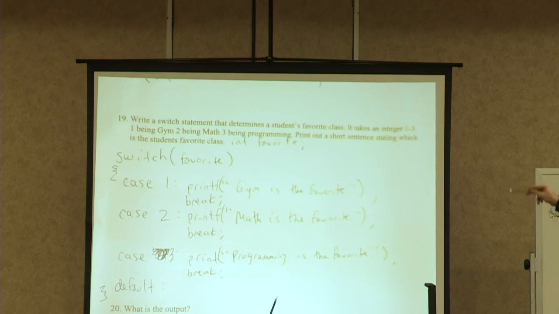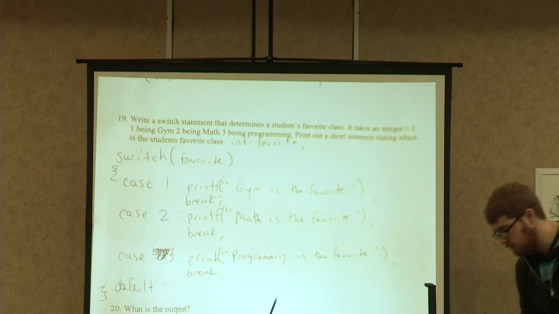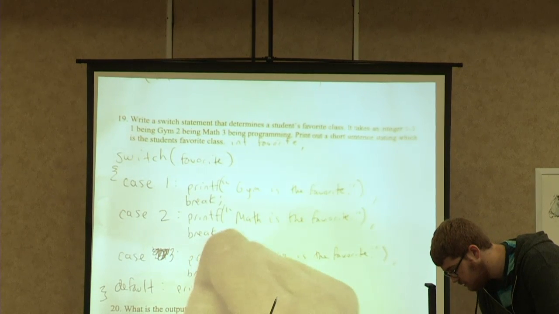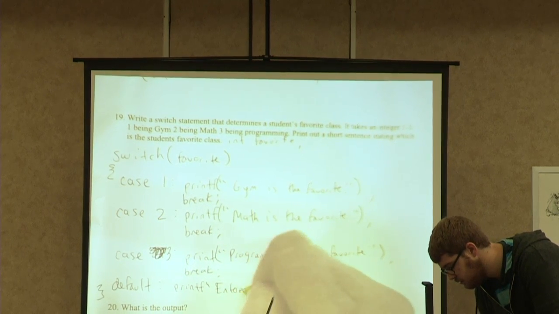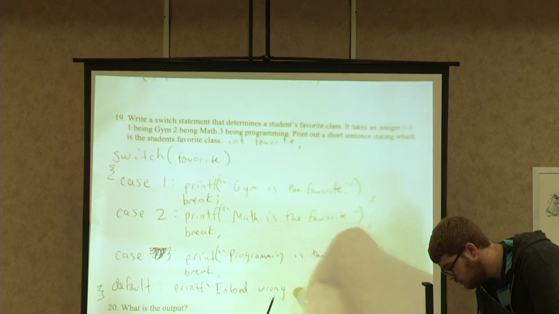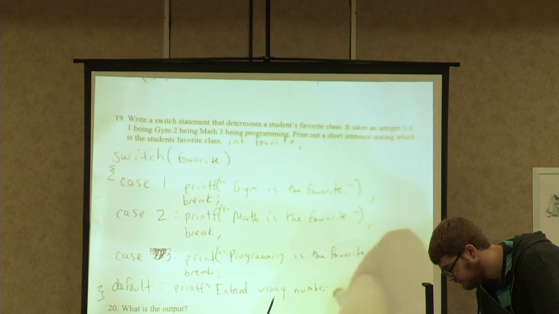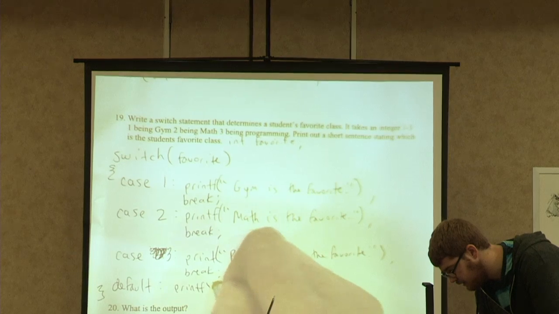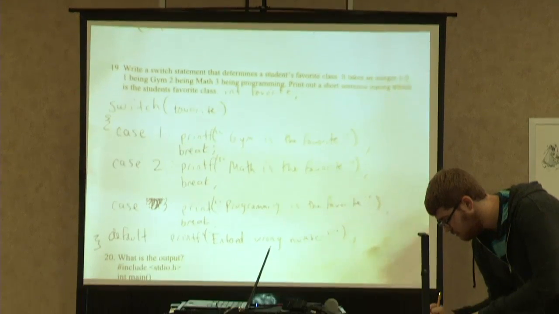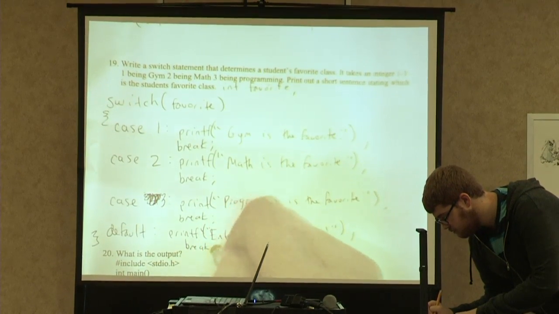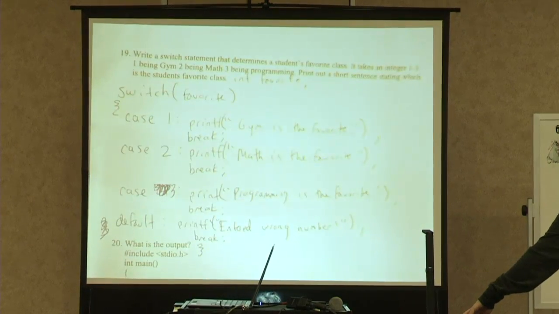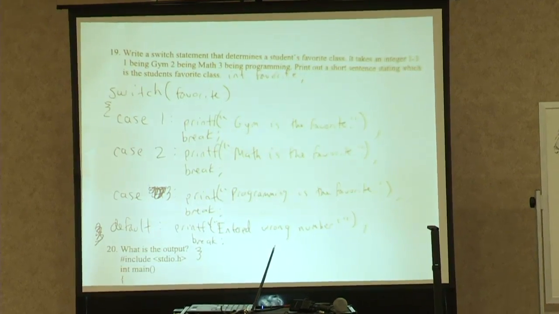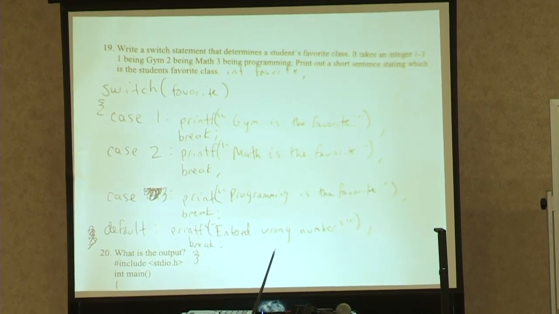If you have a default, it'll hit that default, and then you can put a printf that says, hey, entered the wrong number. Oh, okay, so do we always need a default? You do not, but it is very helpful. And then that needs a break as well. And you just write it like that, default. It knows. It's a reserved word, a keyword.